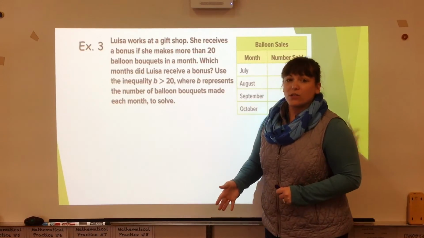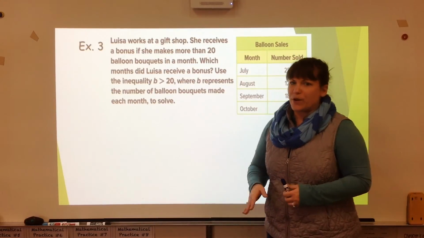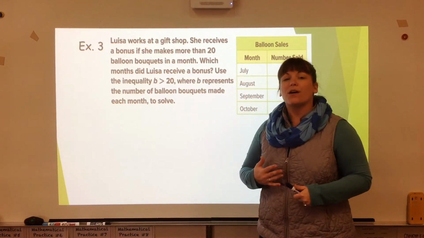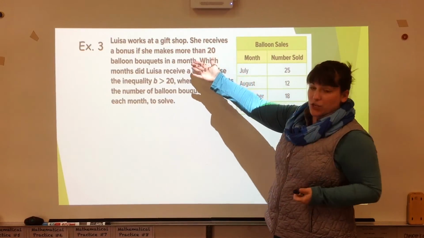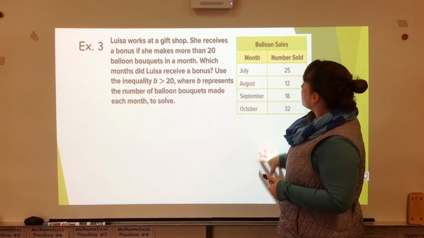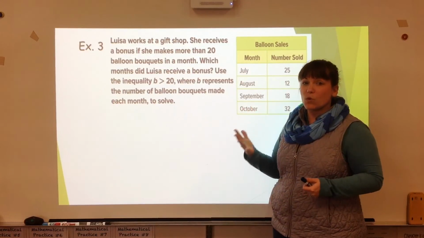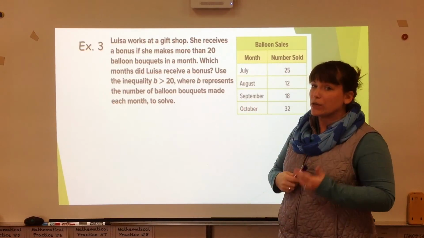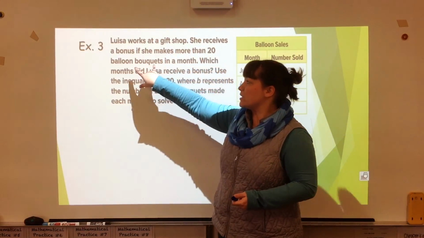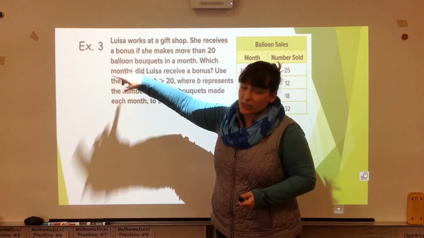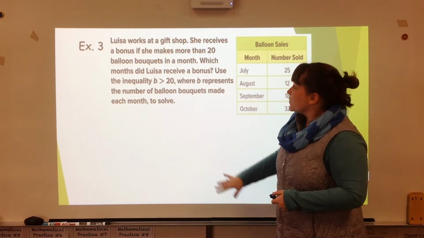The last question gives us a little bit more of a word problem or a situation from the real world. And we have someone at a gift shop working, and she receives a bonus if she makes more than 20 balloon bouquets. So I want you to underline that phrase, more than 20 balloon bouquets. That is the inequality.